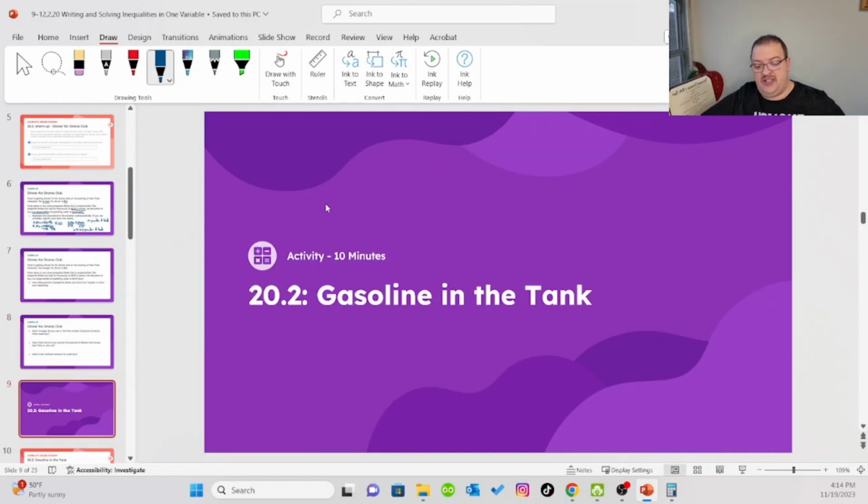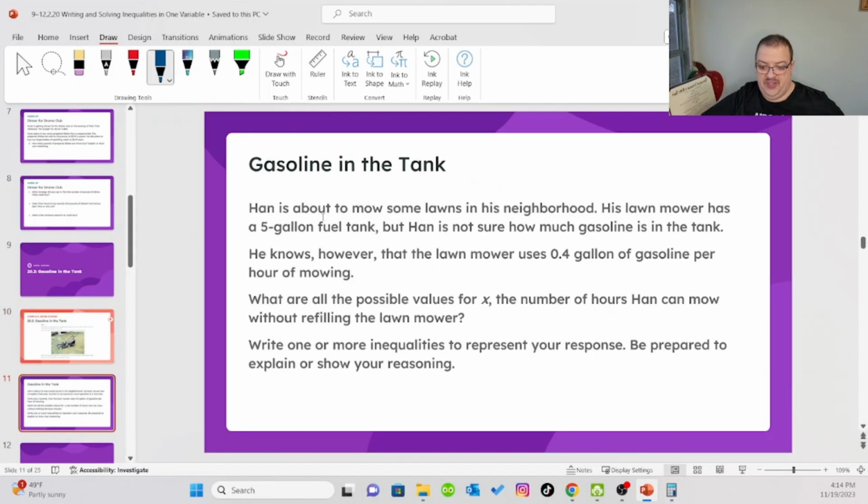So our next activity is going to be 20.2, Gasoline in the Tank. It says Han is about to mow some lawns in his neighborhood. His lawnmower has a 5-gallon fuel tank, but Han is not sure how much gasoline is in the tank.